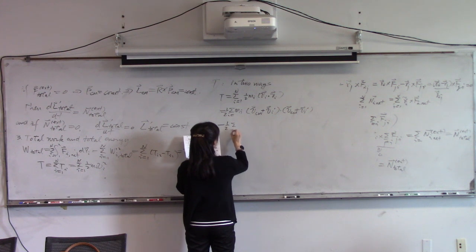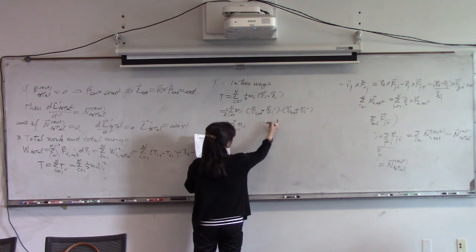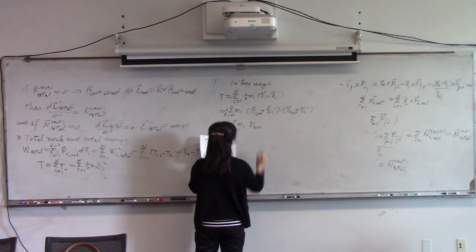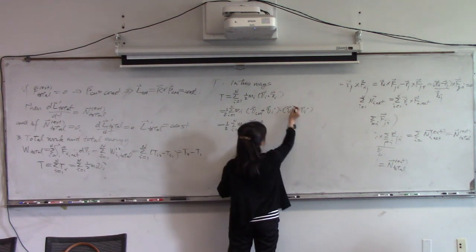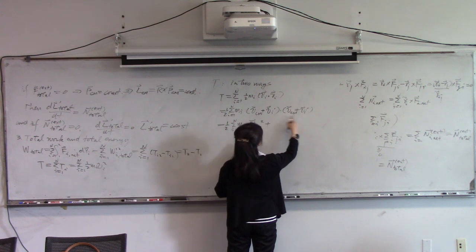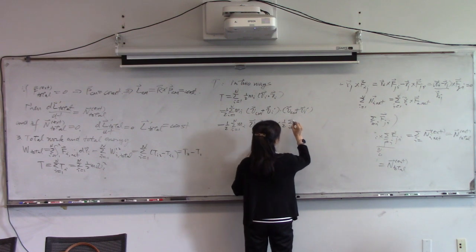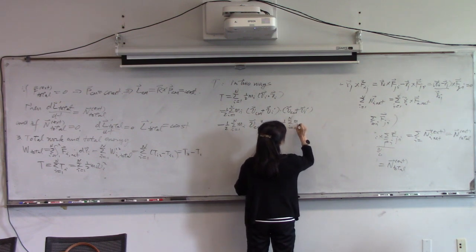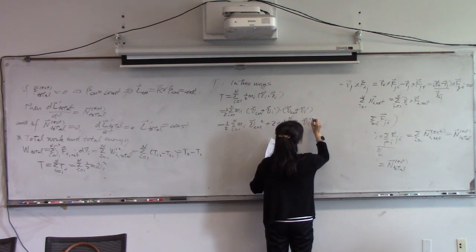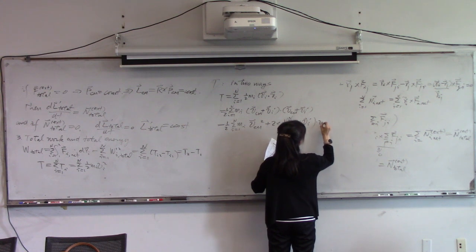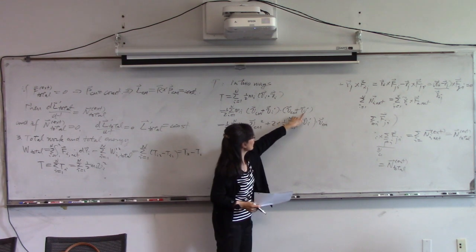Let me write again: the first term is half of Mi times VCM squared. The second is twice half of the sum over i from 1 to n of Mi Vi prime inner product VCM.